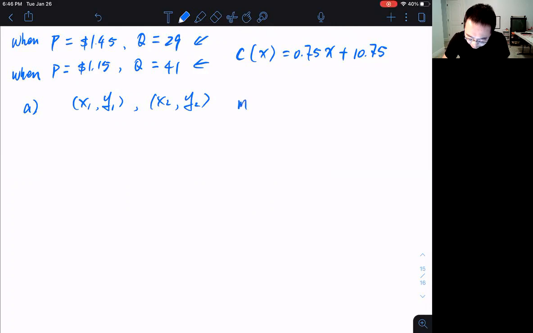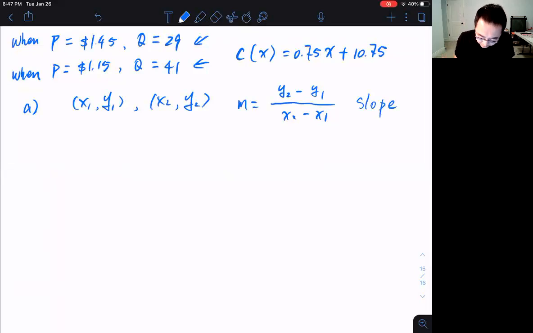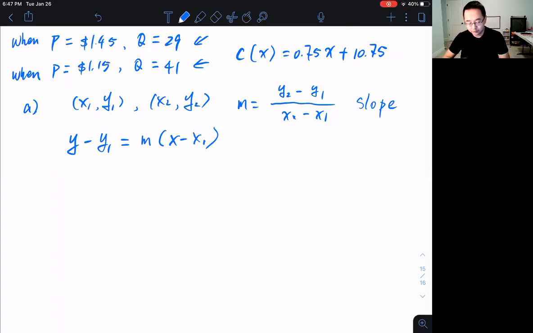The slope equals rise over run, which is y2 minus y1 divided by x2 minus x1. Once you have the slope, your functional form is y minus y1 equals the slope times x minus x1, or you can use x2, it doesn't matter, because you have a point and slope. This is a quick review of what we talked about last week.